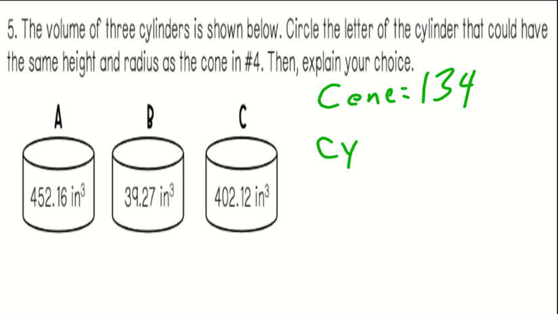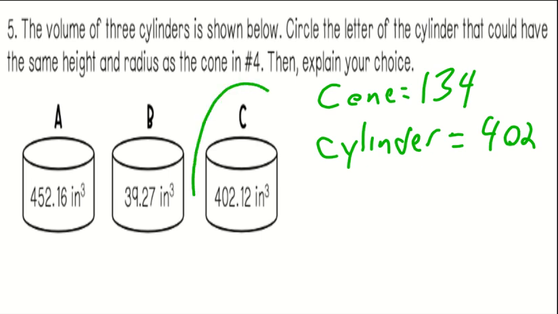When we multiply times 3, that gave me 402. You remember I rounded, right? So we're looking at C. That makes sense? If they have the same height and radius, the difference between them is dividing by 3. So if you have the cone and you need the cylinder, you go times 3, and it does the opposite.